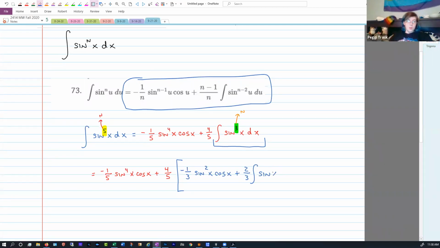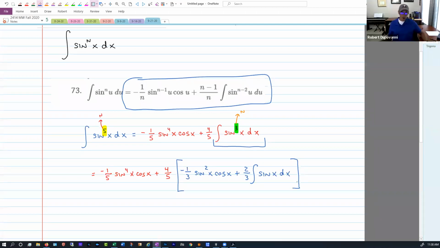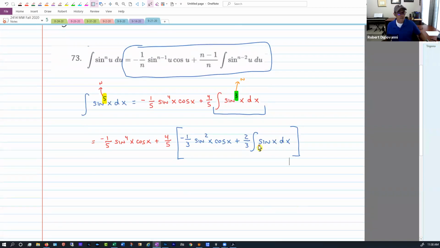Okay, so it's just sine x, right? And there we go. Now, the good news here is that this new integral, I don't have to use the formula again, do I? Because I know the antiderivative of sine. The antiderivative of sine is negative cosine. You see that?